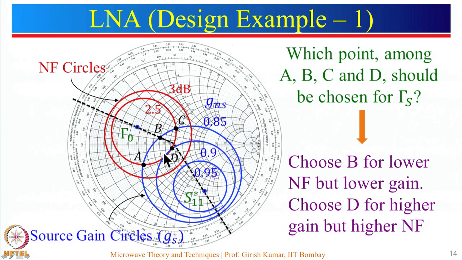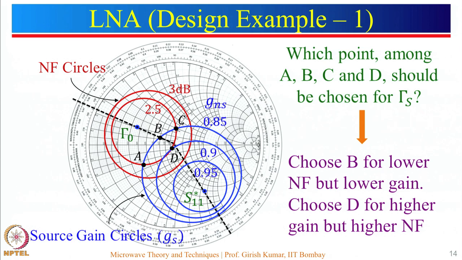Now, if we choose point D, you can see that at point D the noise figure is of the order of 2.5 dB and the gain corresponds to 0.9. So, you can choose D for higher gain, but higher noise figure also. You can also choose another point over here, but then that would mean the noise figure is deteriorating further, but gain will increase.